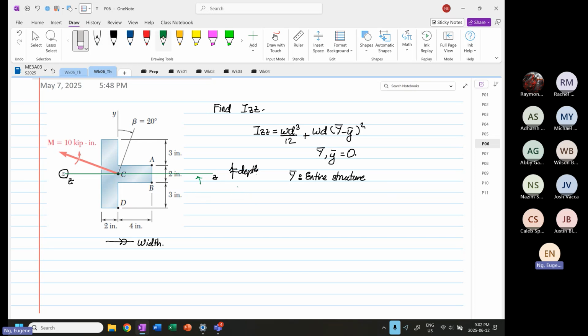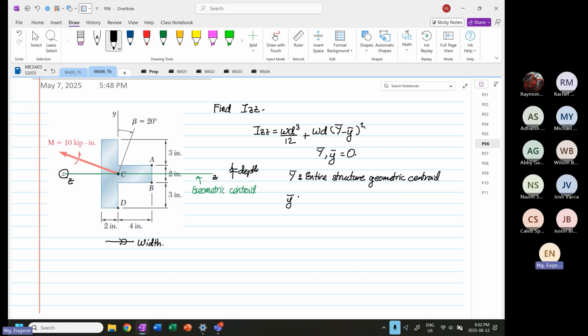It should be the geometric centroid. I will explain to you all later why this is important. It should be known as geometric centroid because we discover it due to geometry. So, entire structure geometric centroid.